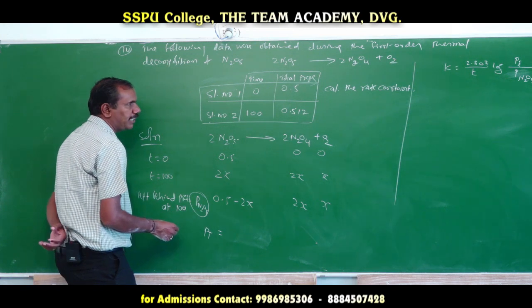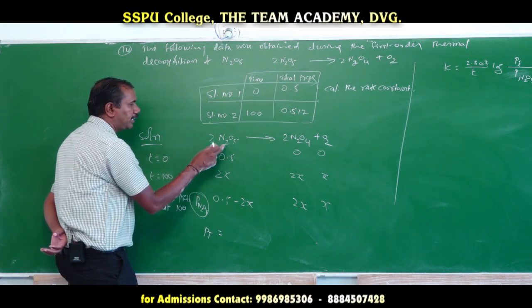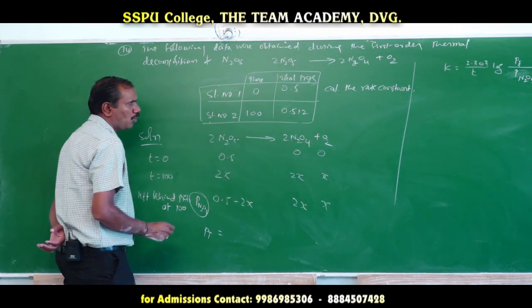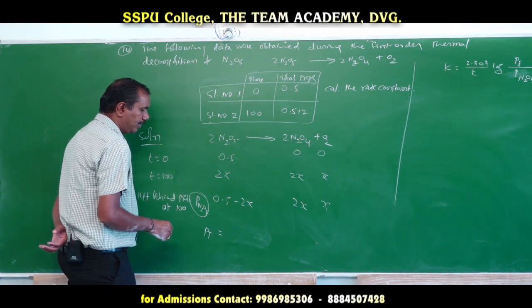P total is nothing but the total pressure, which is the sum of the pressures of N2O5, N2O4 and O2, all the three in the vessel.